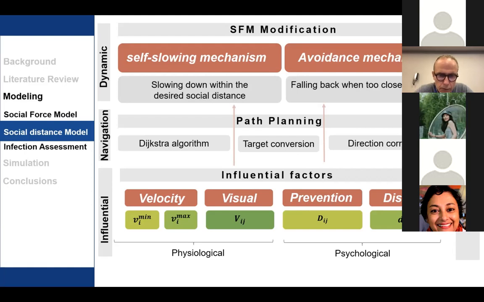Dynamic is the core of the social distance model, mainly including the deceleration and avoidance mechanism added to the desired force, and the drawback mechanism added to the interaction force. Let's take it apart.